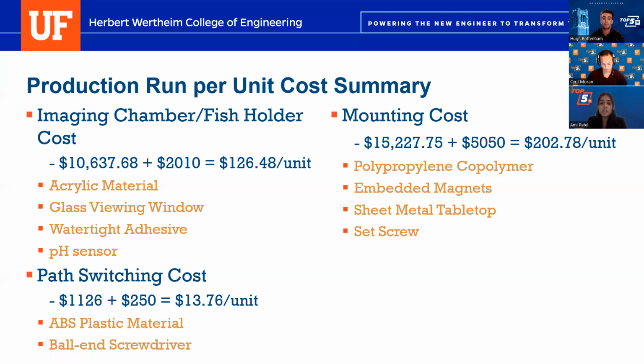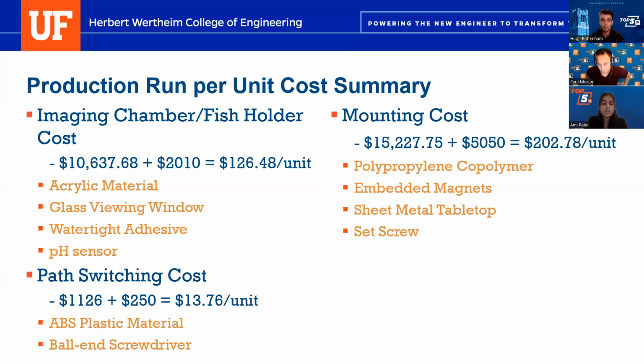Now for a 100-unit production run of our design, the customer has again given us a budget of $450 per unit. The total material cost for 100 units of the imaging chamber and fish holder subsystem is $10,637.68. Again, utilizing the UF Fab Lab's laser cutting service, manufacturing these parts will cost $2,010.